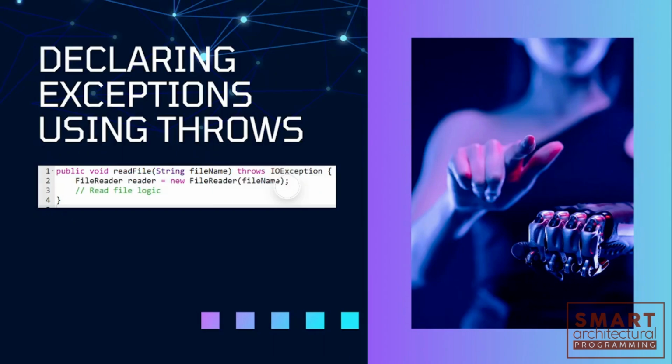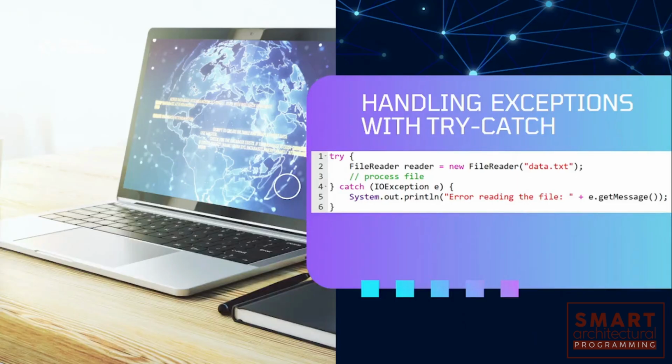So based on this understanding, now we need to understand how to handle exceptions with try and catch, right? Instead of declaring, you can also handle exceptions right where they occur using try catch blocks.